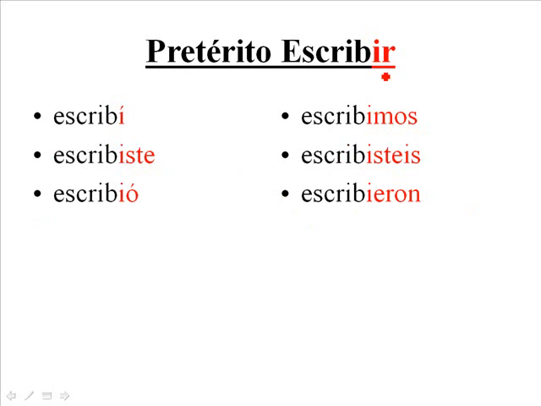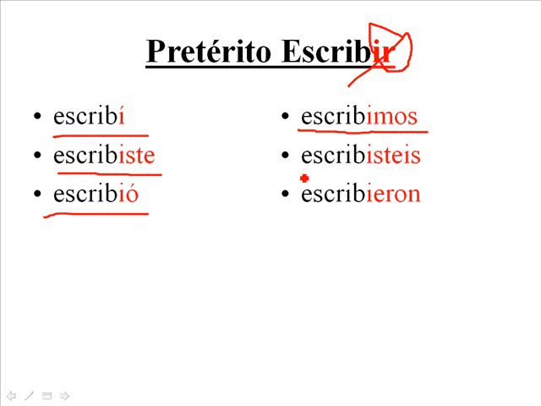Now you can see here that IR verbs have the similar conjugations as ER verbs. And just like any other verb, you take off that ending, add the appropriate ending. Escribí. Escribiste. Escribió. Escribimos. Escribisteis. Escribieron.